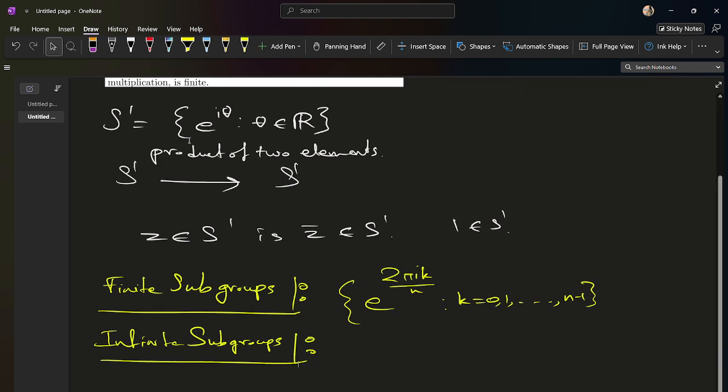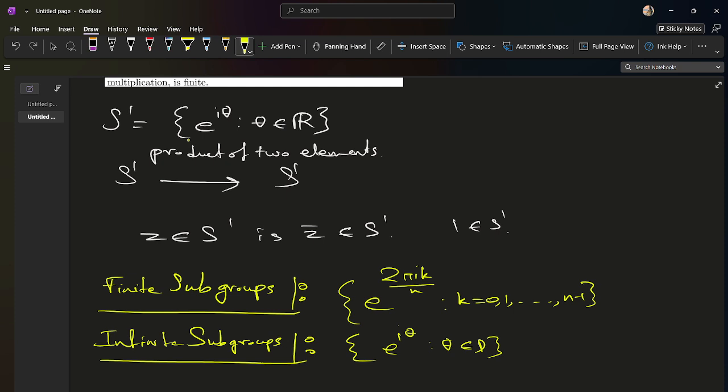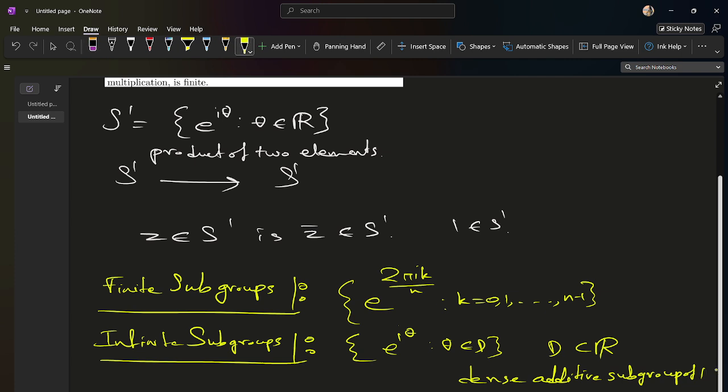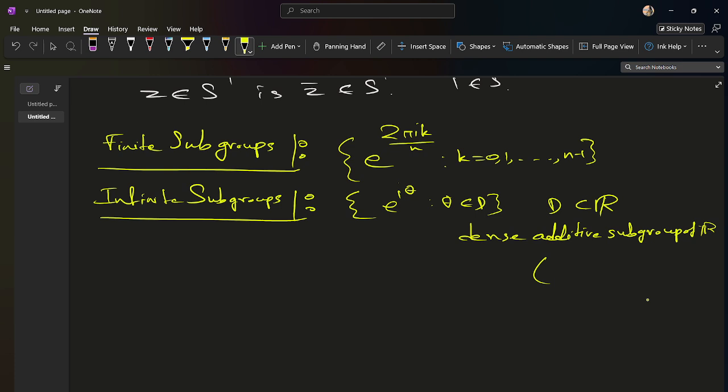This consists of elements of the form e to the power i theta, where theta belongs to D, and D, a subset of R, is a dense additive subgroup of R. We know that a dense additive subgroup of R looks like Q. Such subgroups are infinite and dense in S1.